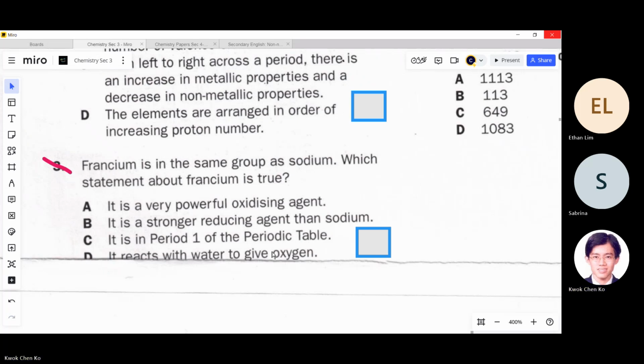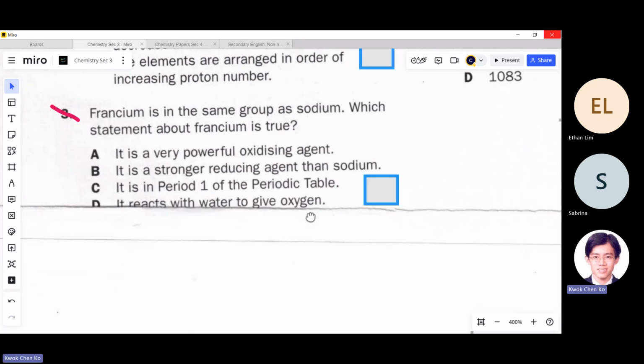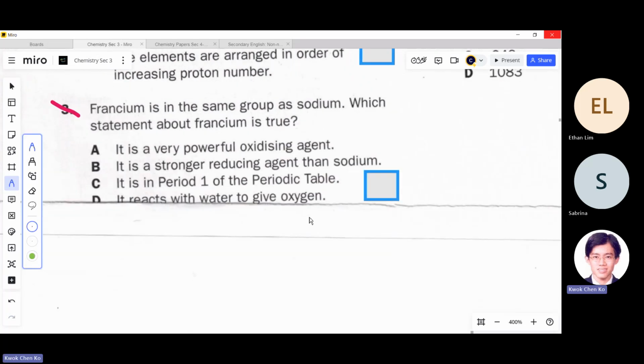Okay, remember last week we did mention metals and water, right? If you have a metal and it reacts with water, what do you get? You remember?